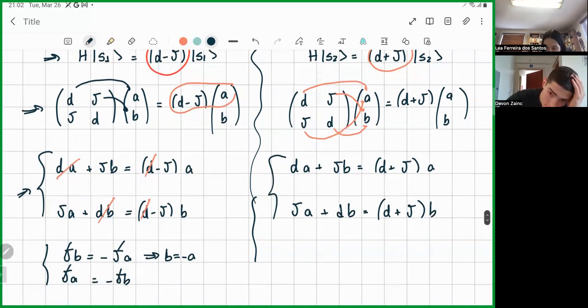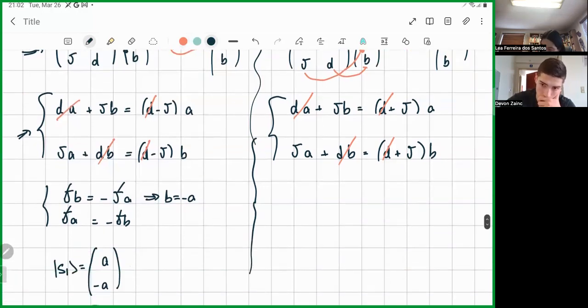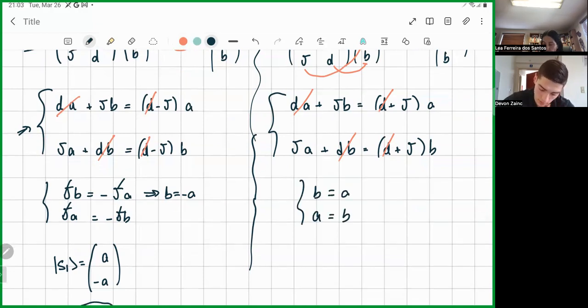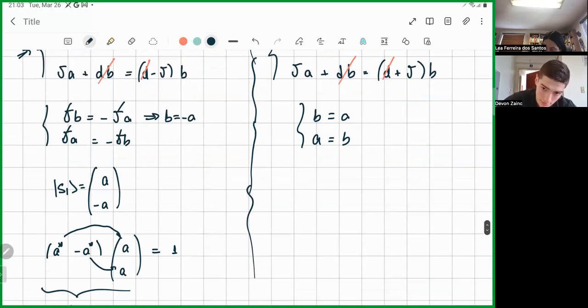Again, you see that some of these terms cancel. Now this is dA and this is also dA. Here we have dB, and here we also have dB. So you see, and J is the same. So you see that we end up with B equals A equals B. So very similar to what we had before, just a sign that changed.